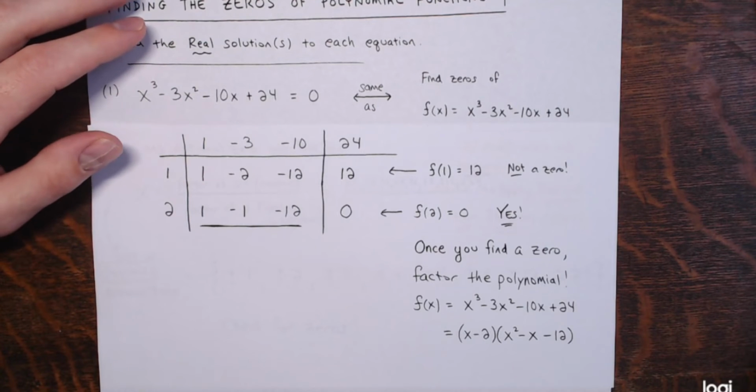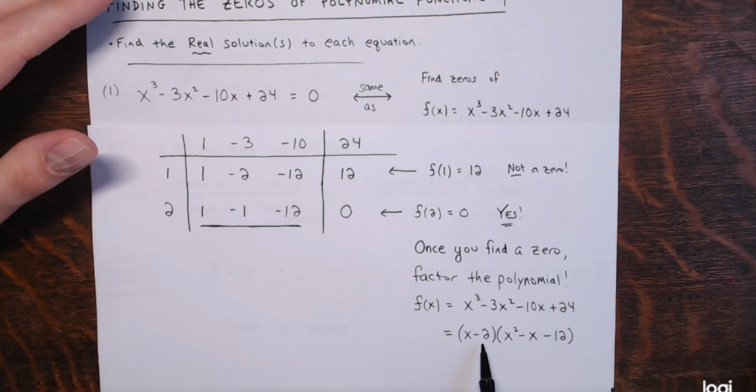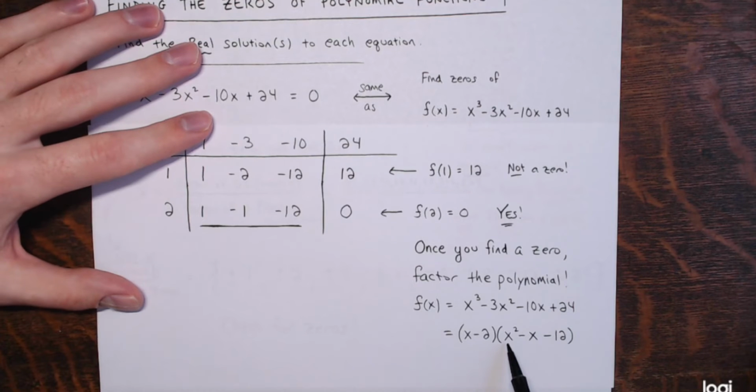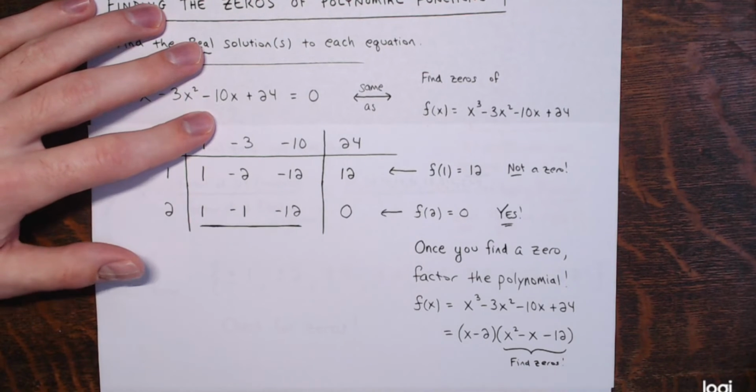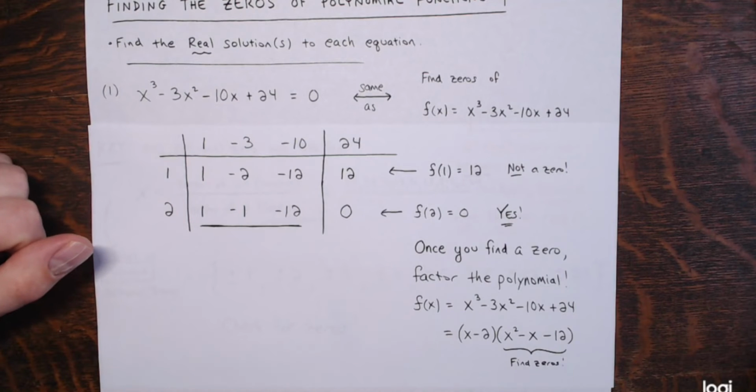So we know that 2 is a 0. And now I just move over and let's find the zeros of this quadratic polynomial, which is much easier than a degree 3. Now you can use the quadratic formula. It's a quadratic with a equals 1, b equals -1, and c equals -12.